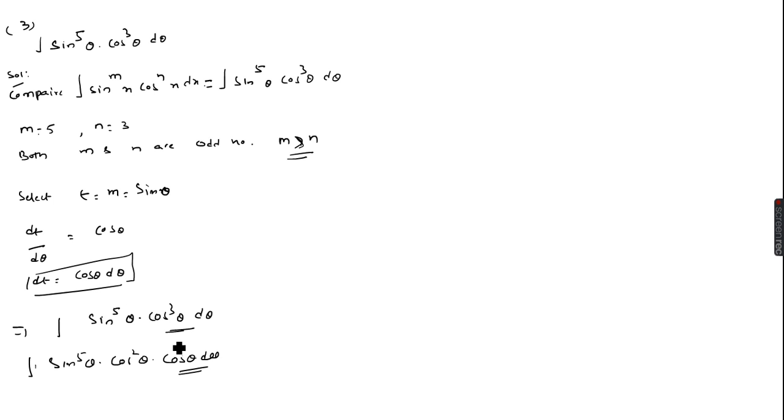That is, cos theta into d theta can be written as dt. So therefore it can be written as the integration of sin power 5 theta into cos square theta into dt.